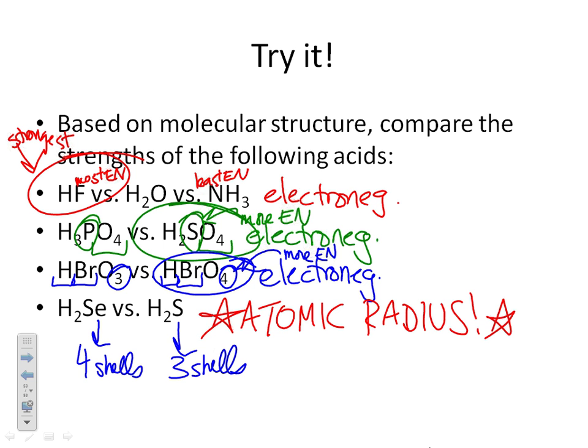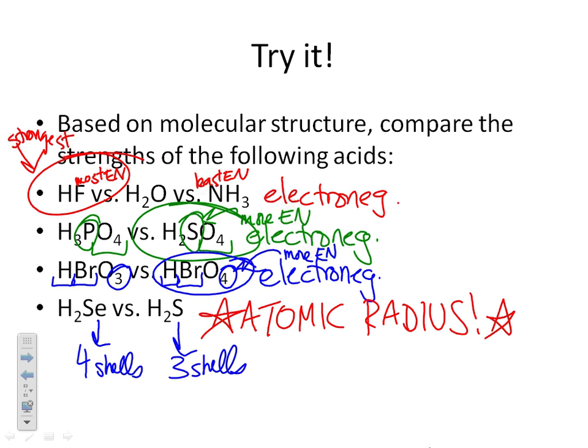And if we think about what that means, selenium is larger. Coulombic forces of attraction say that the further apart two things are, the less the attraction between them. That is a good thing for acids. We do not want the hydrogen to be very attracted to the rest of the acid, because if it is, then it will be harder to get it to go away, to get it to be donated.